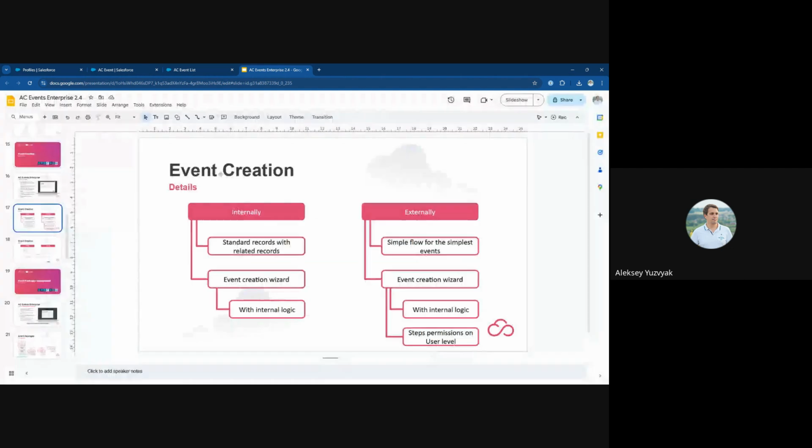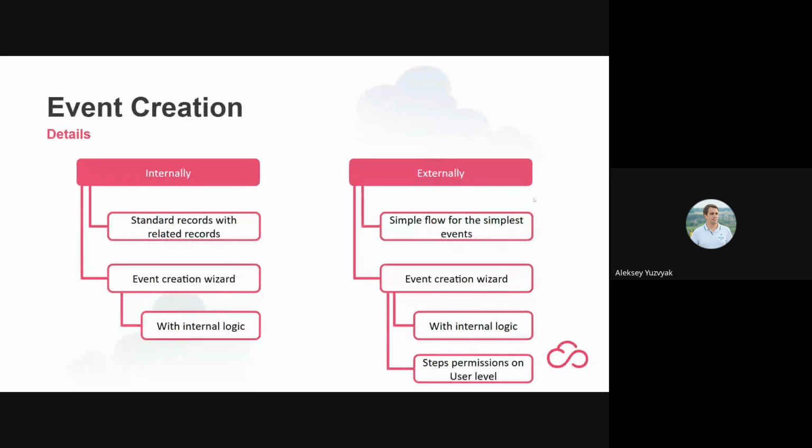So again, we can provide event creation internally with the standard records, just the standard records with the related records, or the event creation wizard for internal staff. Also, for external users, we can provide a simple wizard or a complicated wizard with different internal logic and respecting permissions on the user level.